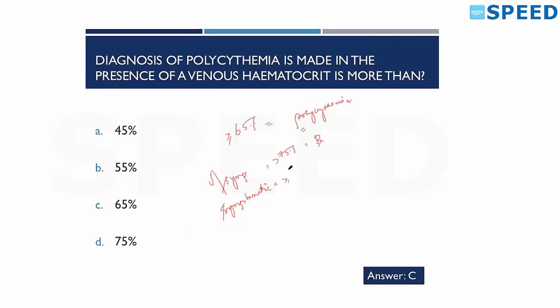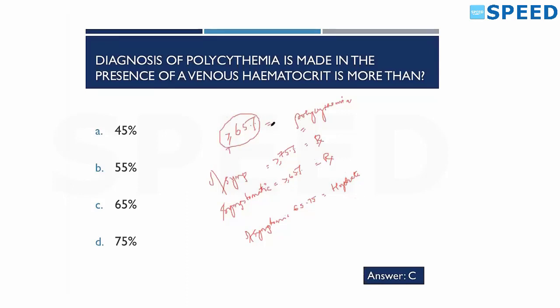If it is more than 65% in a symptomatic patient, I would again consider treatment of polycythemia by doing phlebotomy or volume exchange. But if the patient has asymptomatic polycythemia with a packed cell volume of 65 to 75%, here I can just wait, or just hydrate the patient and see whether he improves or not. So though the definition of polycythemia is more than 65%, there are different cutoffs for the management.